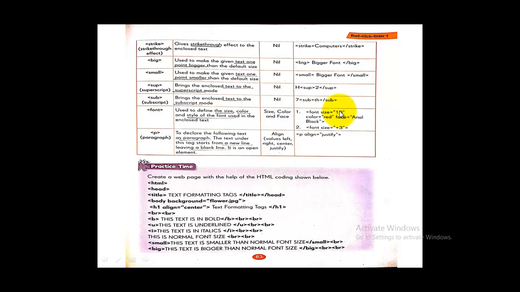Then the font tag is used to define the size, color and style of the font. We may want only the size, or the color. The font tag starts with an opening angle bracket and closes with a right angle bracket. Inside it we write font size, font color, and font face, for example Arial Black, Calibri, Times New Roman, Algerian. You have to know some of the font names and write them in face.